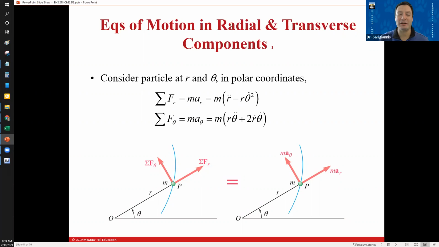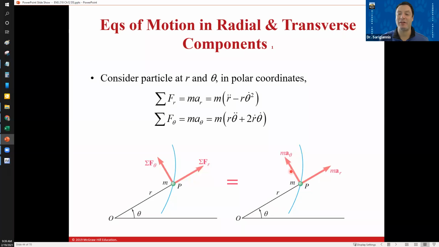This is just showing the vectors down here, the sum of the forces in the R direction. This is the kinetic diagram. This point P has a force acting radially outwards, and that is this m a_r.